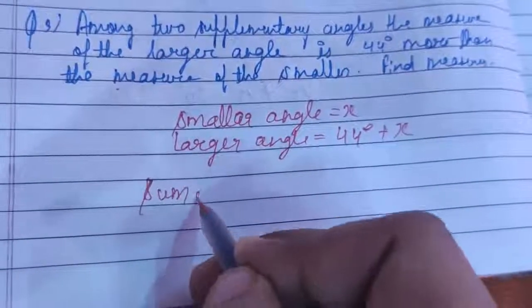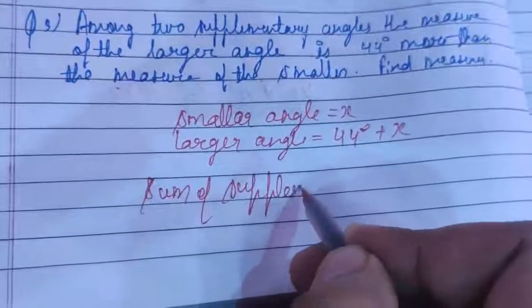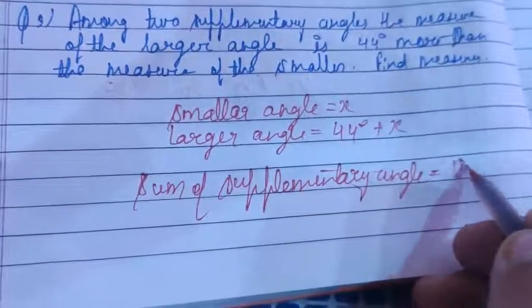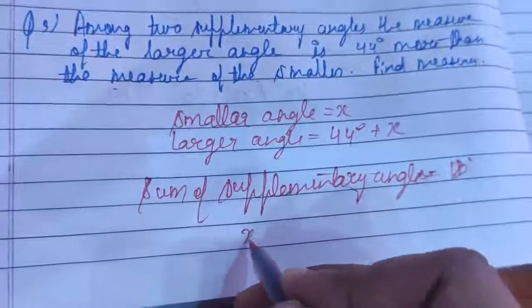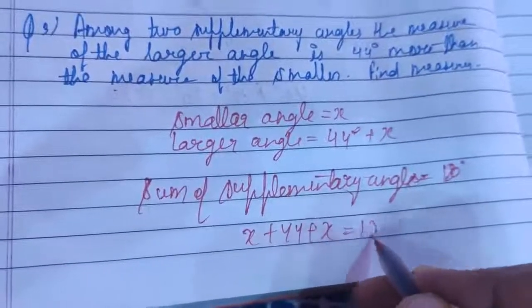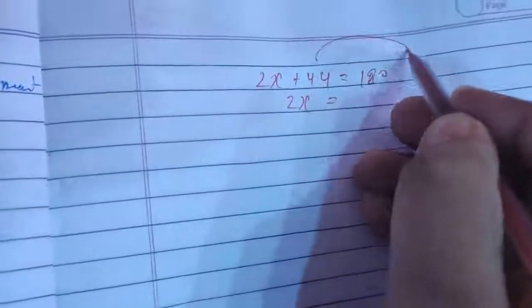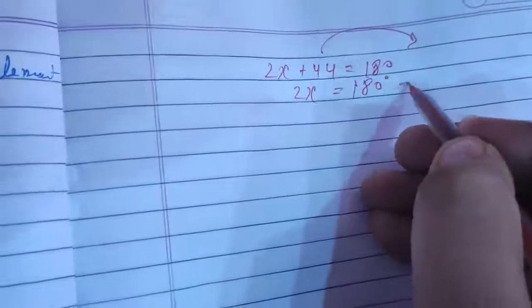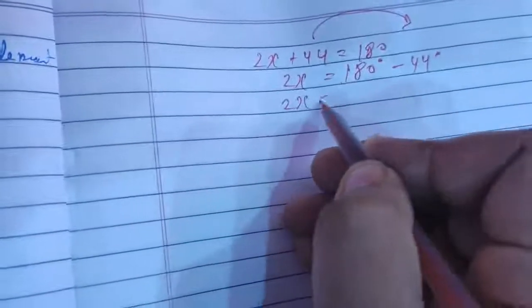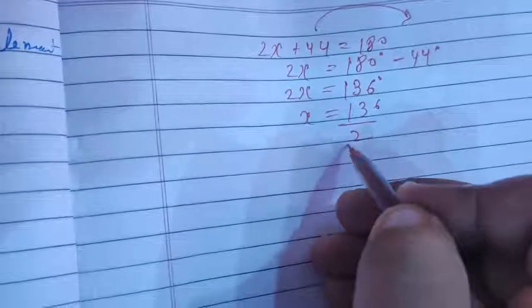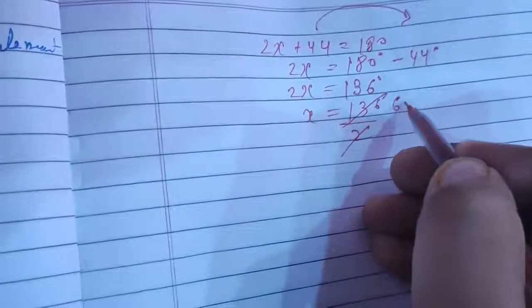Now we know that the sum of supplementary angles is 180 degrees. That's why x plus 44 plus x is equal to 180. Now here x and x will become 2x plus 44 is equal to 180. So 2x equals, we will take 44 on the right side, so it will become minus. When we subtract, it is 136, and 136, when we take 2, it is in multiply, it will go in divide.